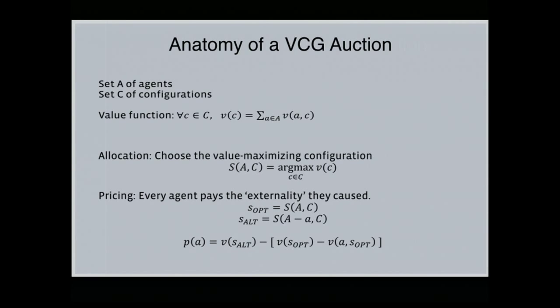The right-hand side is the value that a given agent has for some configuration, and the total value for the configuration is the sum of all the individual values. In VCG, we choose the value maximizing configuration, and we charge each agent their externalities: let's remove them, rerun this algorithm, and see how everybody else's value has differed.